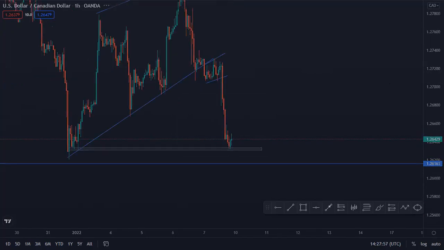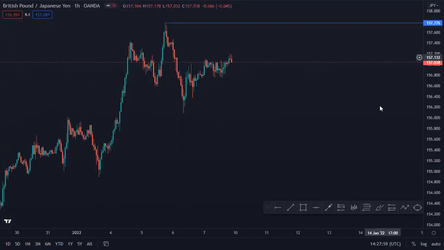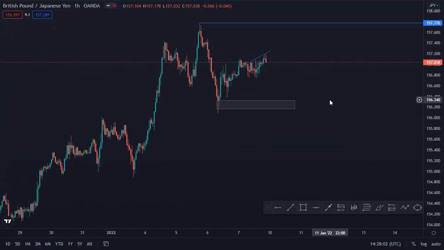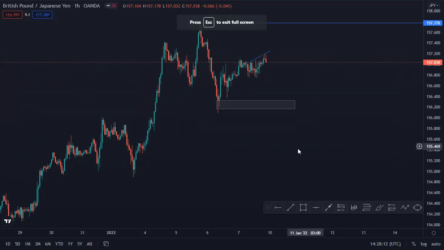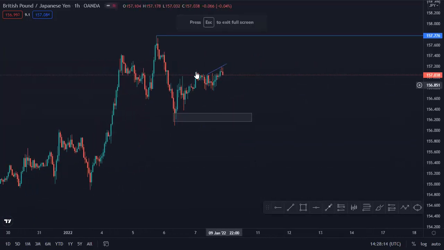Let's see what other pairs we have. JPY.